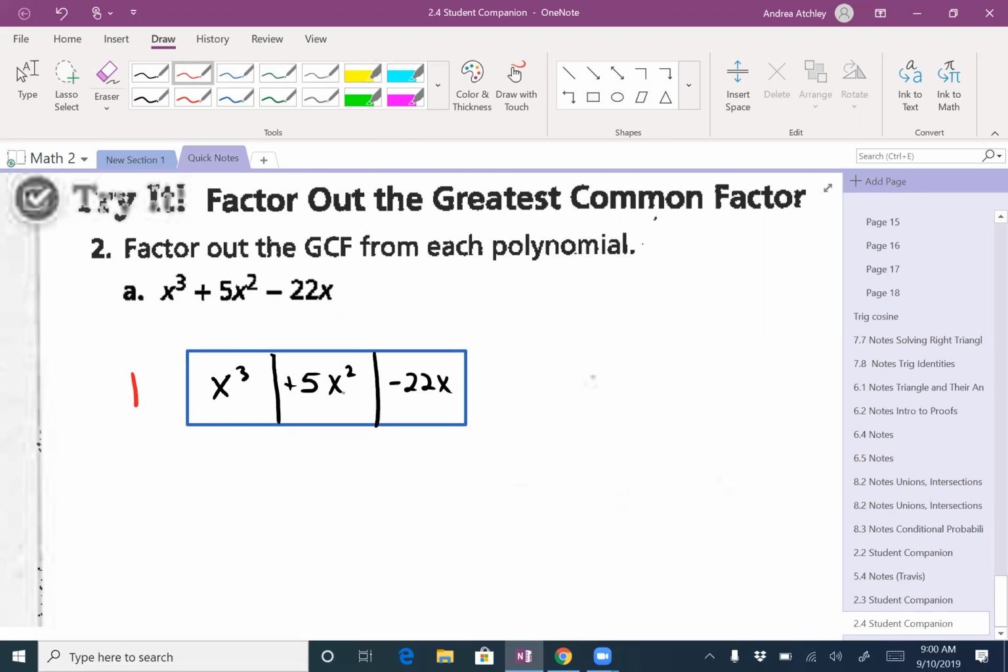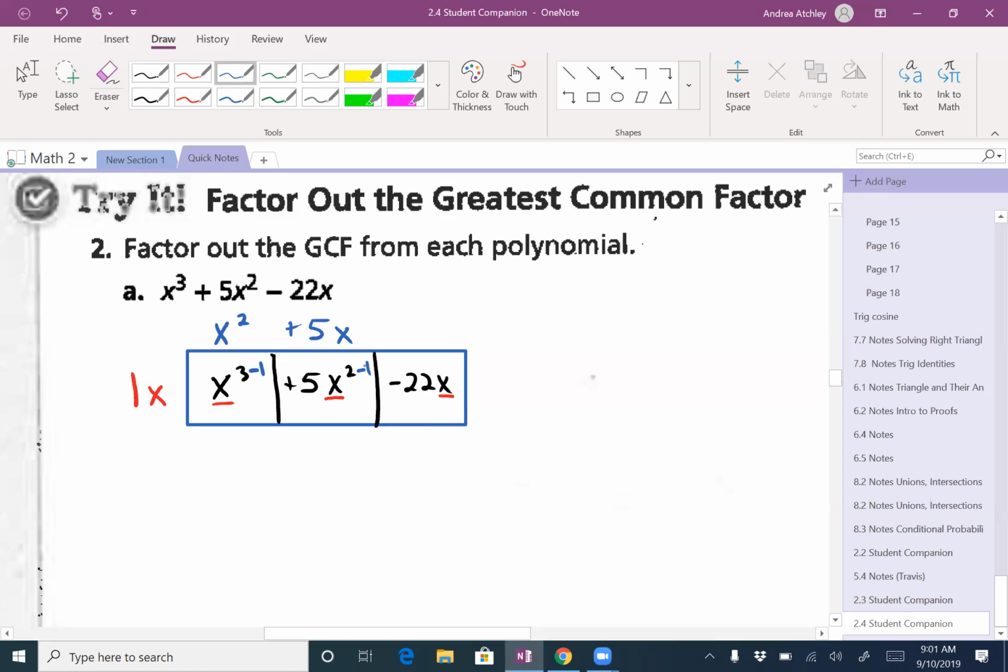So you just pull out the 1. What is the smallest exponent that I can pull out? I have x cubed, x squared, and x to the first. So the smallest is x to the first. So I can pull out 1x. Then we divide. I subtract 1 from the exponent and I get x squared. 5 divided by 1 is 5, and I subtract 1 from the exponent and get x to the first.